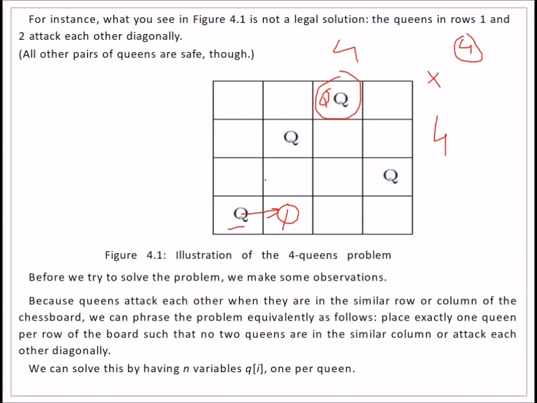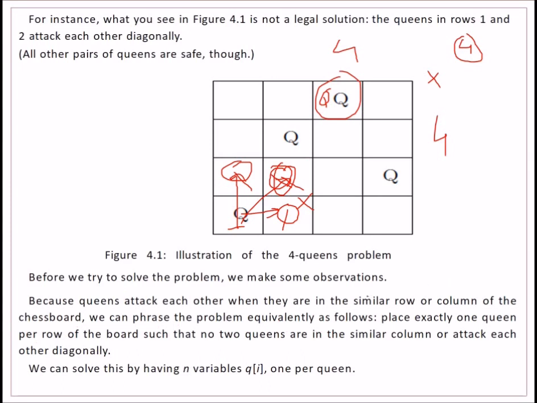Okay, let me take some other way. I place q here. Now again q will attack here, and if I place diagonally, again q is going to attack, or this q will be a threat to this q. So vertically, horizontally and diagonally we can't keep it. This is the problem we have to solve.